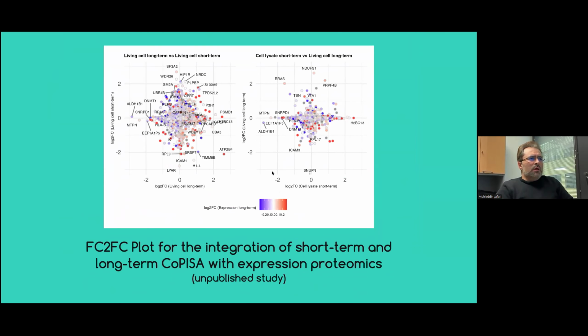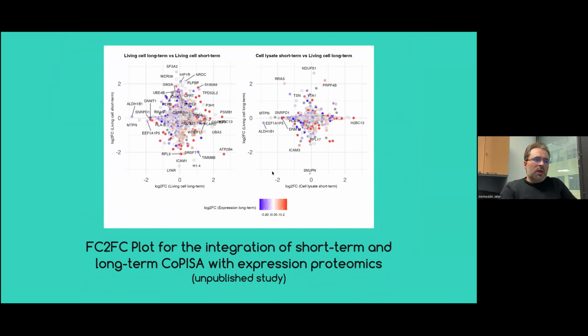And also, this is another study where we would like to check how long-term CoPISA compares to short-term CoPISA. So far, before these plots, we used a short-term CoPISA. We treat the cells for 15 minutes, and after that we check what happens to the solubility.